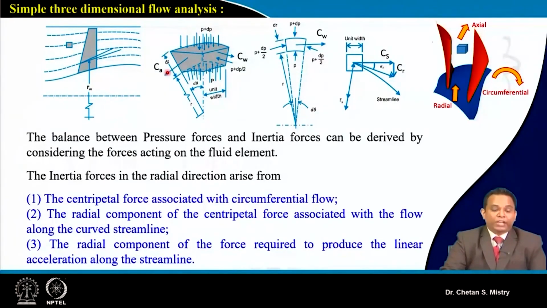Now as we have seen, this represents my axial velocity component in my axial direction, and we will have one more component in my circumferential direction, that is my whirl component, CW component. Now if I consider a unit width configuration, my tangential or whirl velocity component can be represented here.